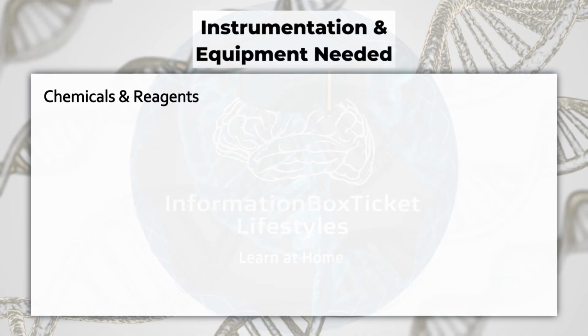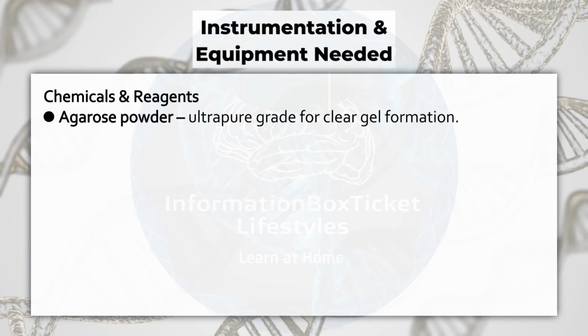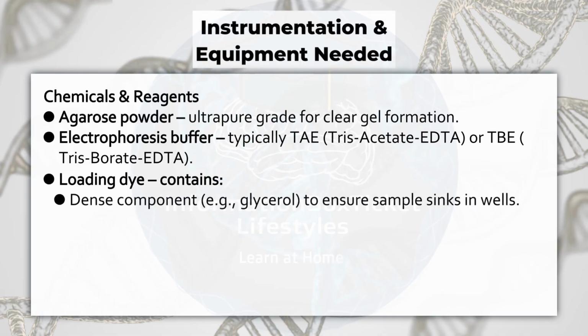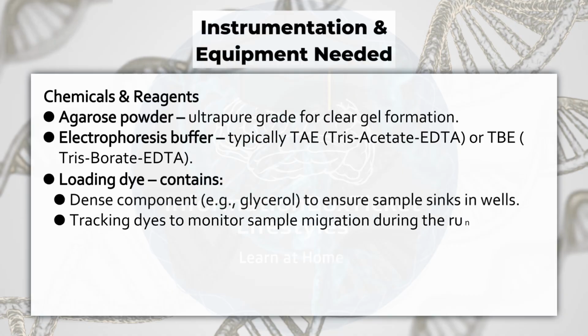Chemicals and reagents. Agarose powder, ultra-pure grade for clear gel formation. Electrophoresis buffer, typically TAE, Tris acetate EDTA, or TBE, Tris borate EDTA. Loading dye contains a dense component, e.g., glycerol, to ensure the sample sinks in wells. Tracking dyes to monitor sample migration during the run.